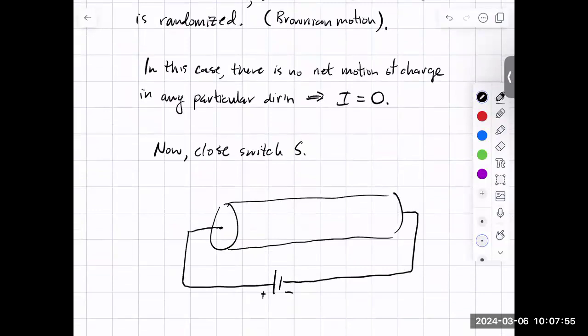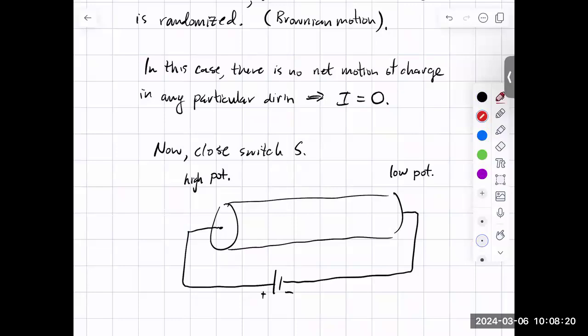What the battery does is the side of the wire that is connected to the positive terminal is at a high potential. So this is a high potential side. And then the side connected to the negative terminal is at a low potential or low voltage. And we know that electric fields point from high potential to low potential.